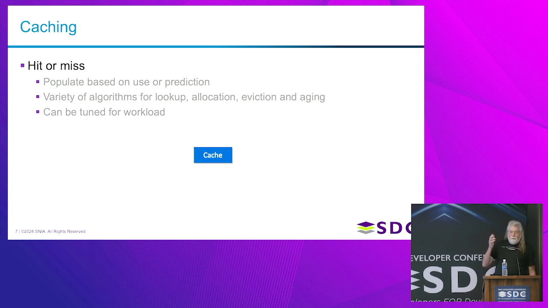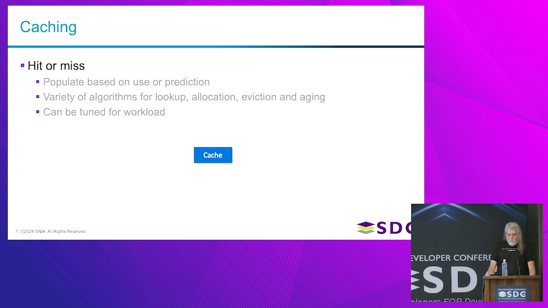A typical hit or miss cache would be something that has a bunch of commonly used items stored in it, and if you look something up, if it's in the cache, it will return it quickly, and if not, it needs to go off and find it from the origin somewhere. The nice thing about these is they can actually be tuned quite a bit. I'm sure an awful lot of people just think of a cache as a very, very simple mechanism. There's actually an awful lot of tuning that you can use.